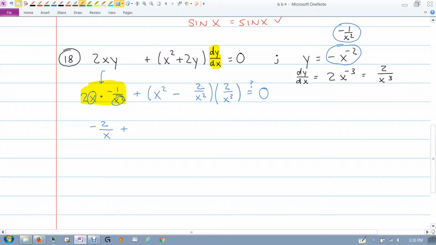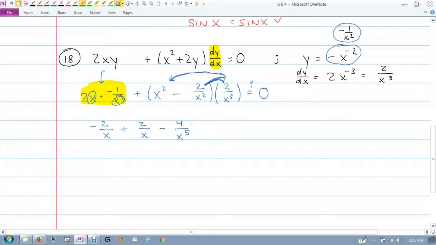So now we distribute this through here and that to here. When we go here to here, we get a positive 2 on top, and we only have one x left on the bottom. And then the next thing, here to here, should give me negative 4 on top, and x to the 5th on the bottom.